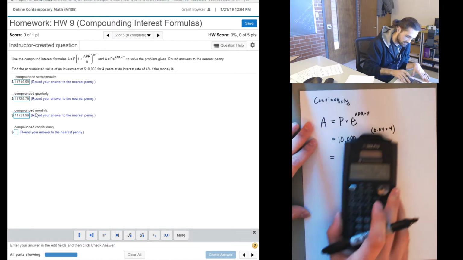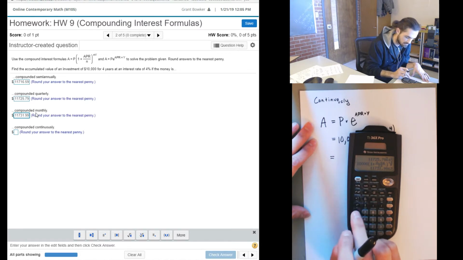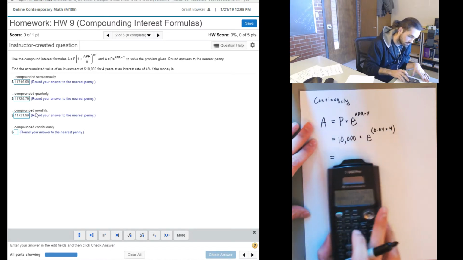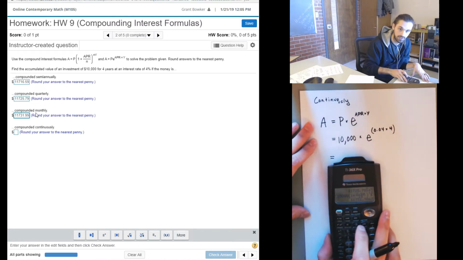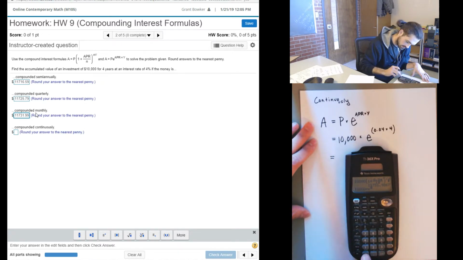So on your calculator, that e should be somewhere close to a natural log or an exponentiation button. So you are looking for the number e in your calculator. Every calculator should have one. 10,000 times e raised to the 0.04 times 4.